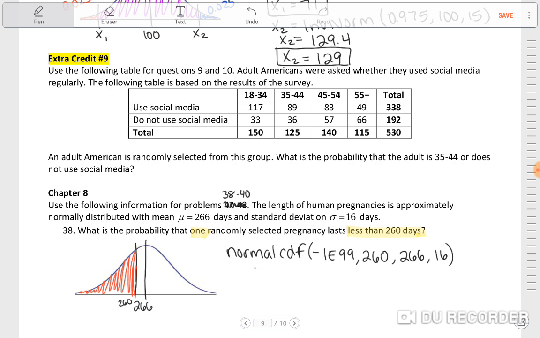Okay. So when we calculate this, we should get 0.3538. Okay, so that's nothing spectacular there, because it's only one person.